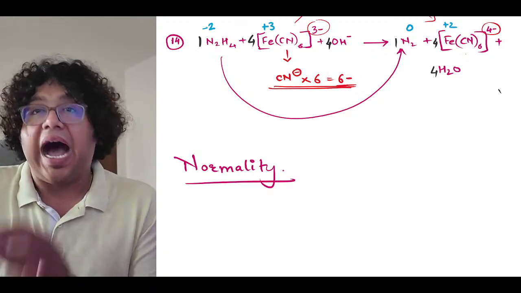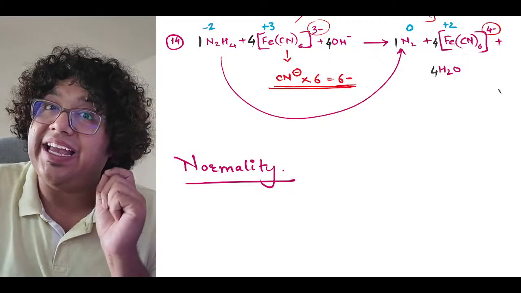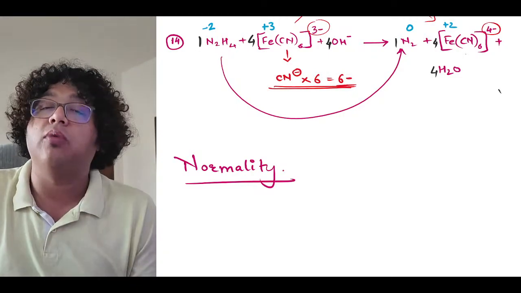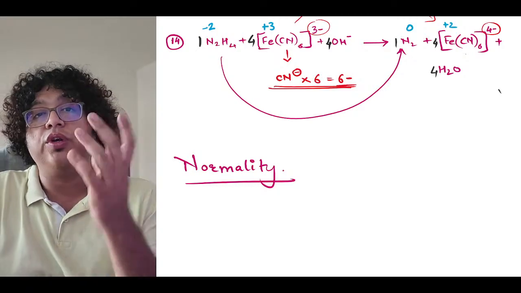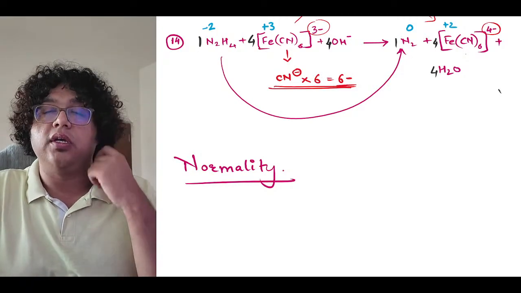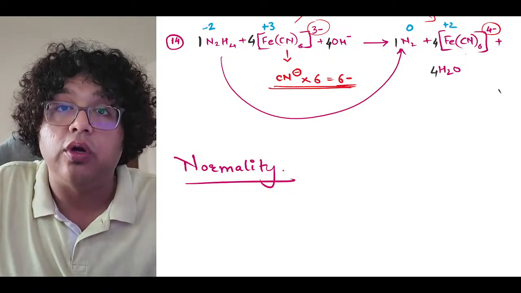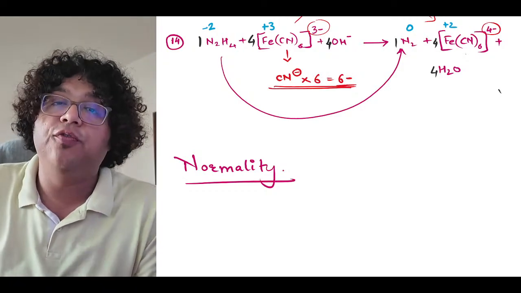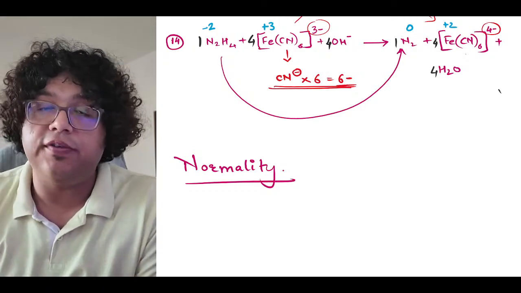I have to know how many H+ ions that particular compound is going to release every time I create a solution out of it. If I have H3PO4, 1 molar H3PO4 solution will have 3 moles of H+ ion.